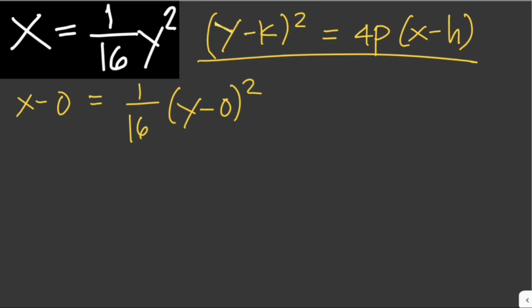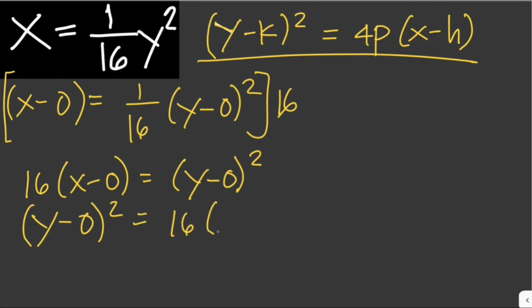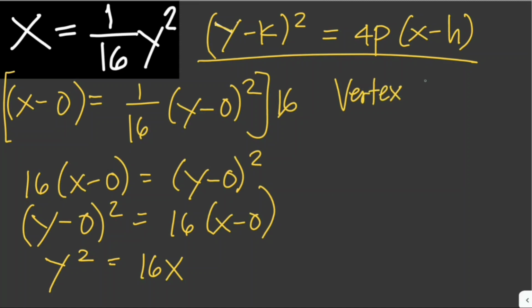We just have to multiply both sides by 16. So we have 16 (x minus 0) equals (y minus 0) squared, or simply y squared equals 16x. So the vertex here would be 0, 0.